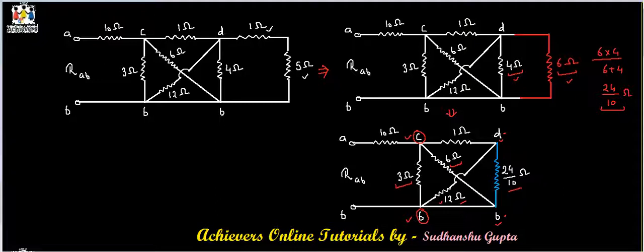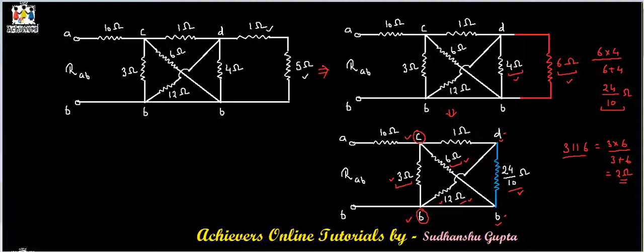So what we will do in the next step, we will find out the equivalent resistance of the parallel combination of 3 ohm and 6 ohm and connect that resistance between point C and B, and then we will find the equivalent resistance of 12 ohm and 24 by 10 ohm connected in parallel and connect that resistance between point D and point B. Parallel combination of 3 ohm and 6 ohm will give us a resistance of 3 into 6 divided by 3 plus 6, that is 2 ohm resistance.